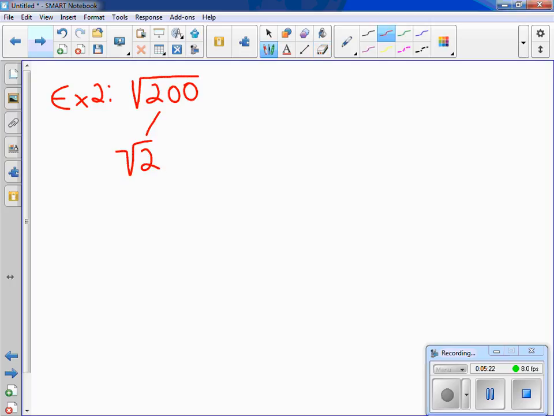And radical 100. So what I see automatically right there, perfect square. 10 times 10 gives me 100, so I'm just going to make this into 10. Pull my radical down just for bookkeeping purposes, so I don't forget it. And I can now express radical 200 in a simplified form as 10 radical 2.